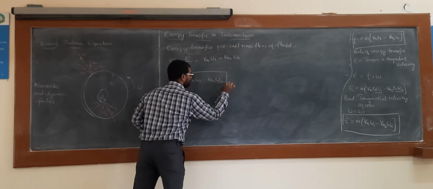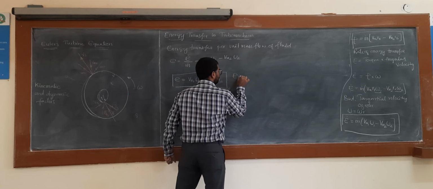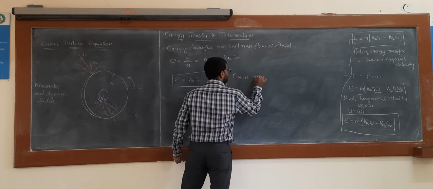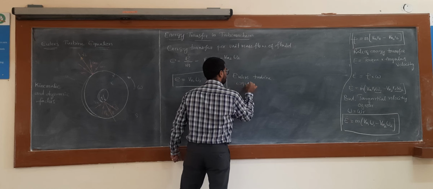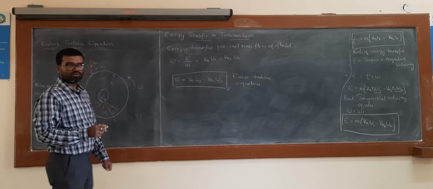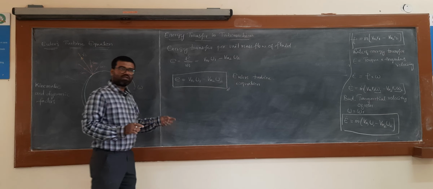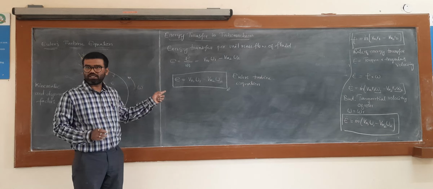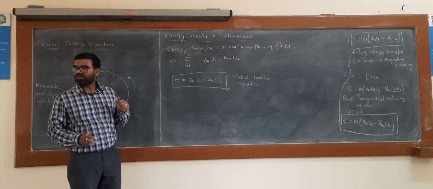This is the Euler's turbine equation per unit mass of fluid. Now we need to write it for power generating turbo machine and for power absorbing turbo machine.